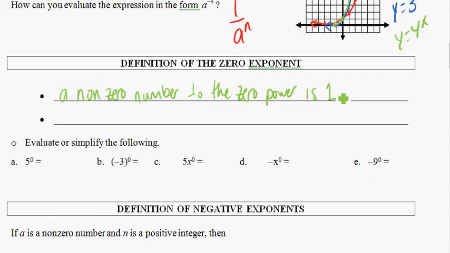Now in this one statement, we really took care of two things. And just to re-emphasize, a cannot equal 0. That's what we mean by a non-zero number to the 0 power. Otherwise, a to the 0 equals 1.